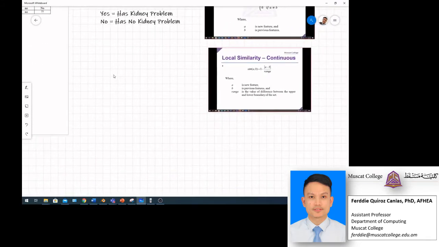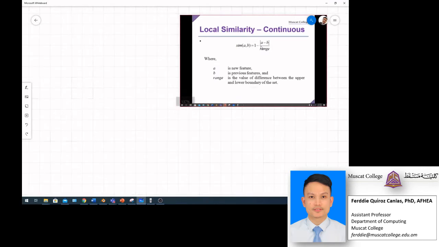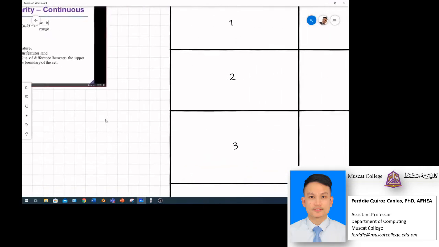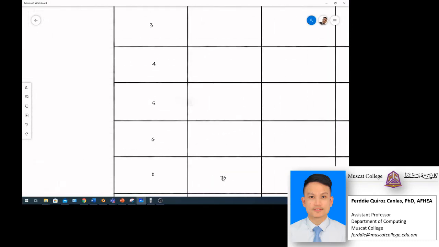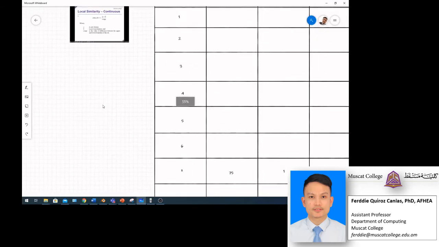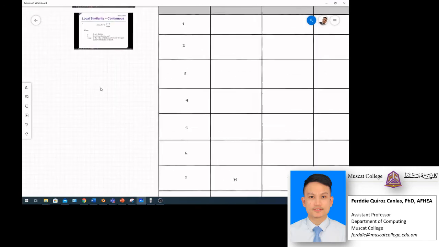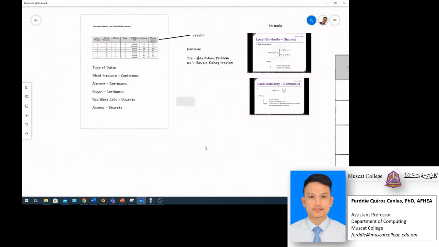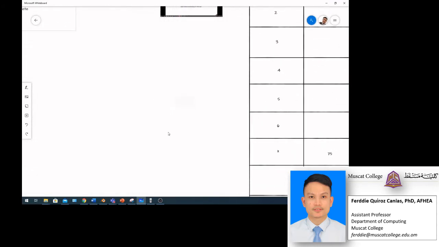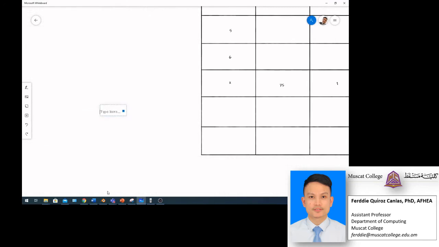So we have to follow this formula. 1 minus the absolute value of A minus B over the range, which in this case is 75 minus 90, correct? But we have to calculate first for the range. Okay, so let's try to see the range for the following. Let me just write here range, so it will be very easy for us.